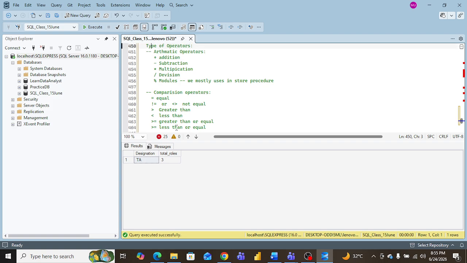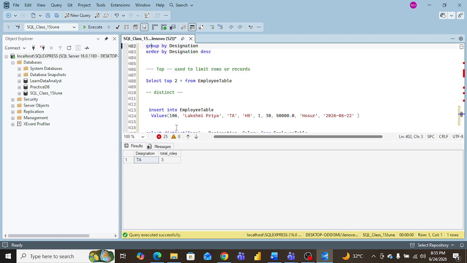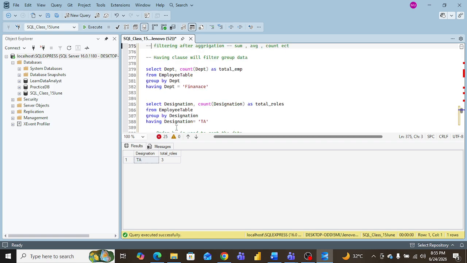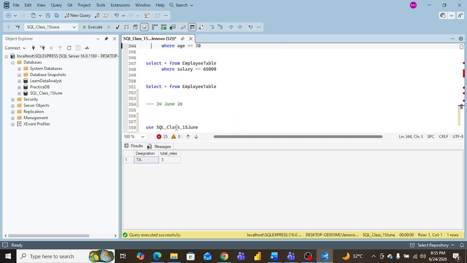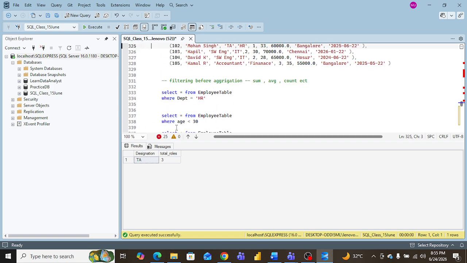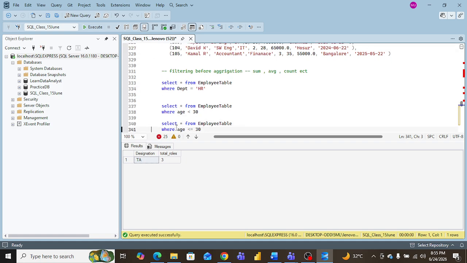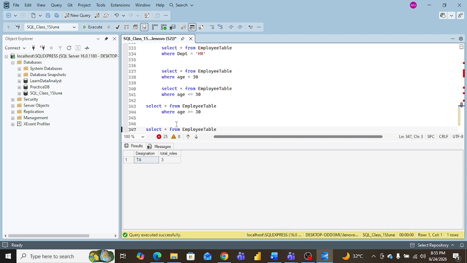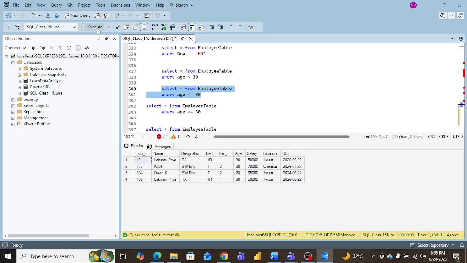We have already used these, so you can save our time here. You can see age, right? We got age here. It's less than 30, or less than or equal to 30. Am I right?